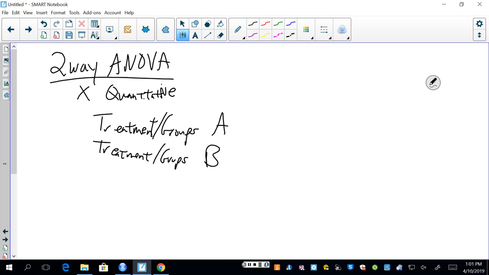And each person, X_ijk, is going to have some level of the first factor and some level of the second factor that's in there. So you're going to choose one of the A levels and choose one of the B levels, and that will give us two factors simultaneously.